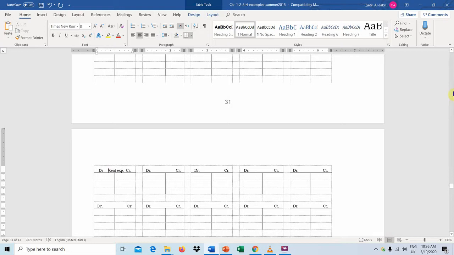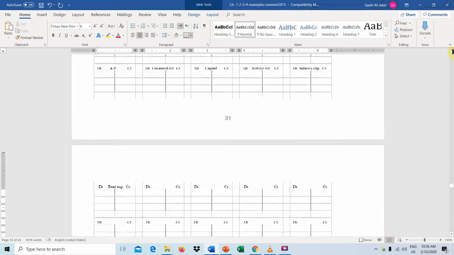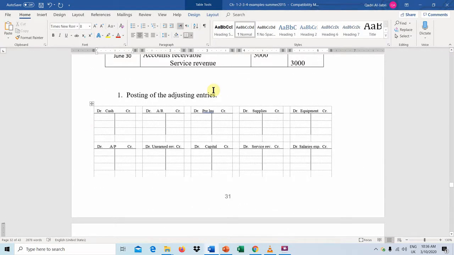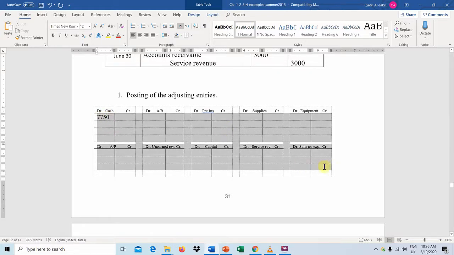Okay, so let's update the beginning balance. I will take now the balance we have from the trial balance. So cash has a balance of 7750.